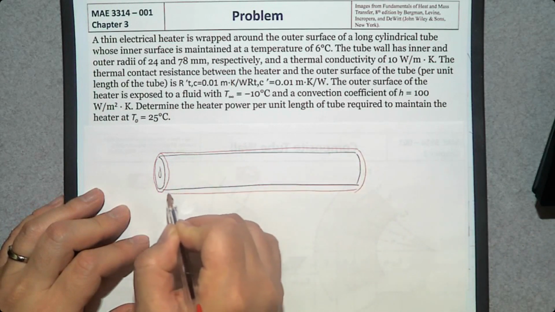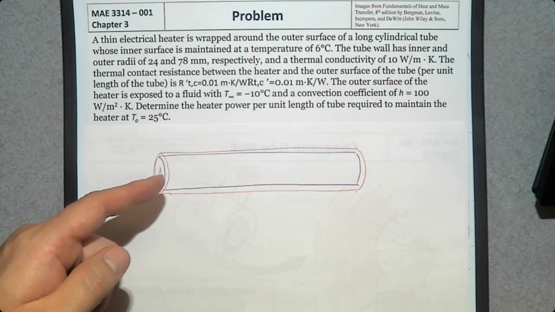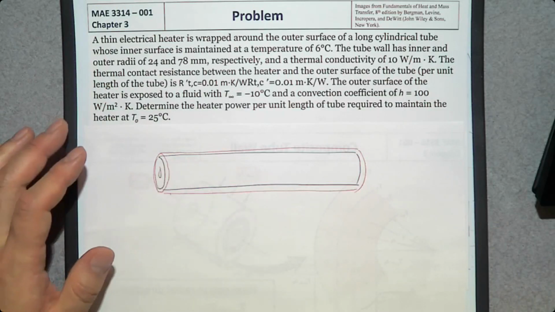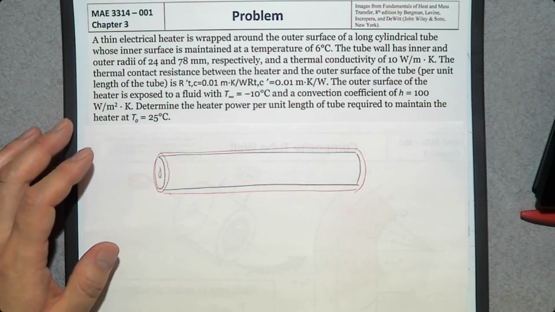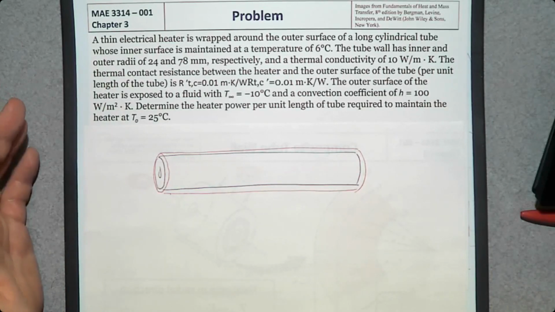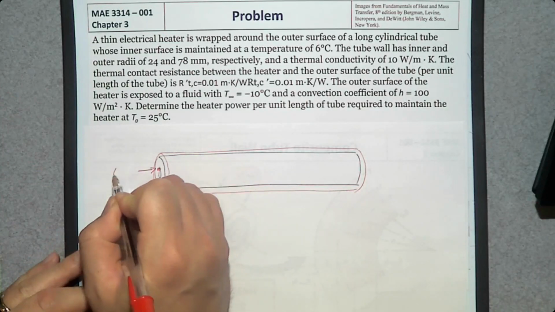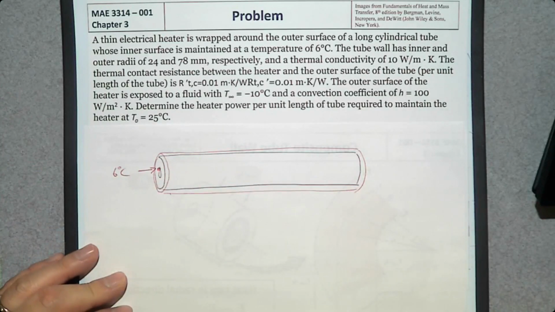And why do we do that? Maybe we want to prevent freezing of whatever is inside, to maintain the inner surface of the tube at a temperature of 6 degrees Celsius. So this point, inner surface, is going to be 6 degrees Celsius.